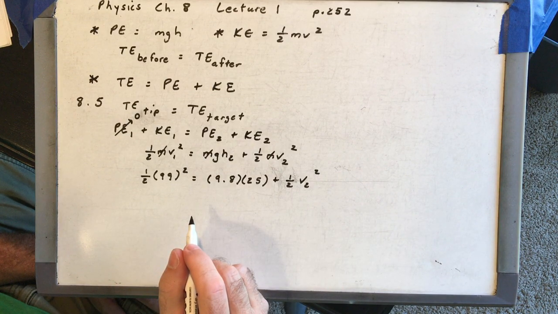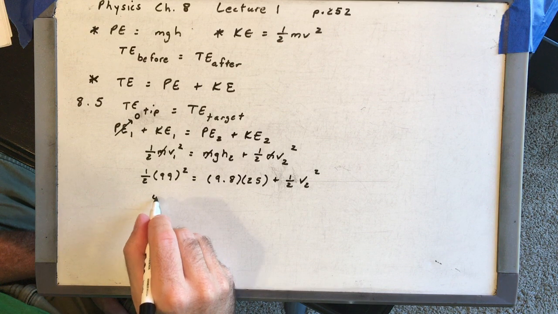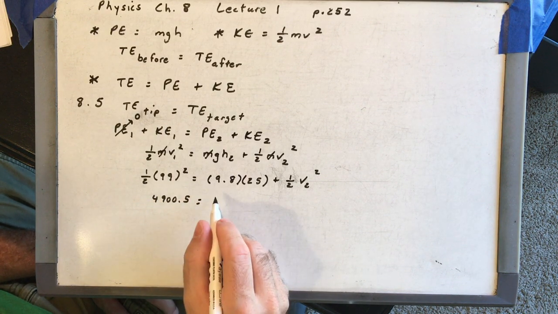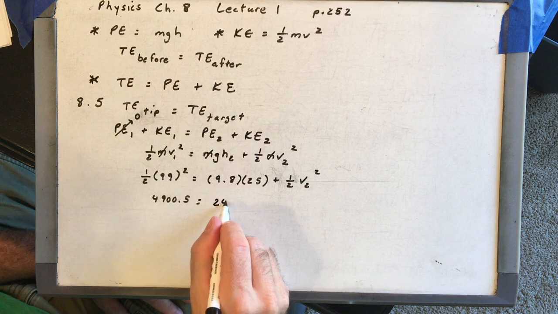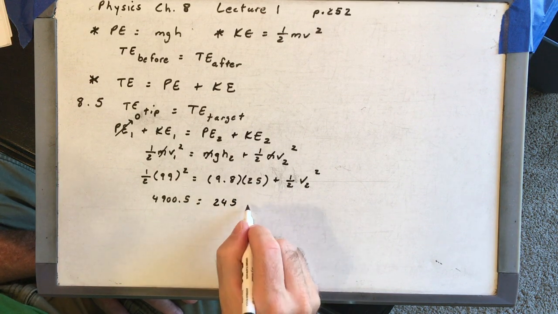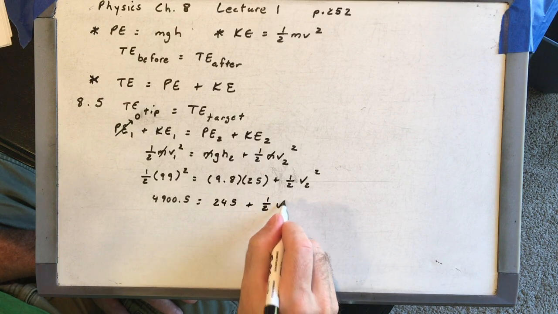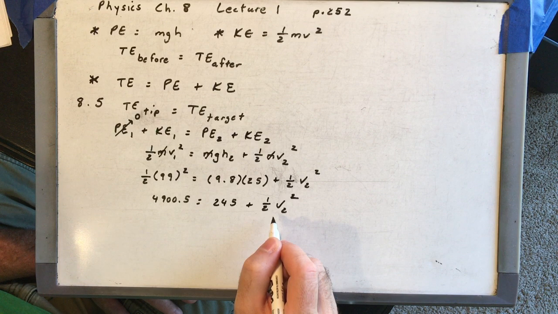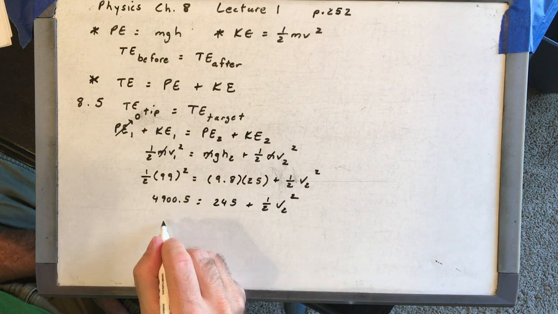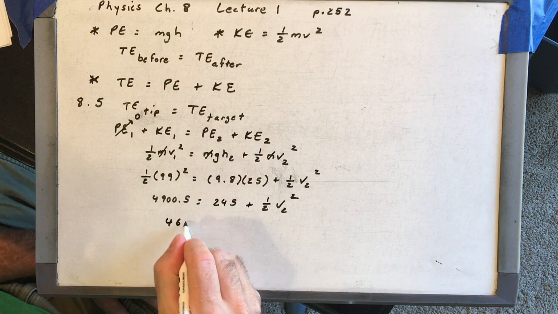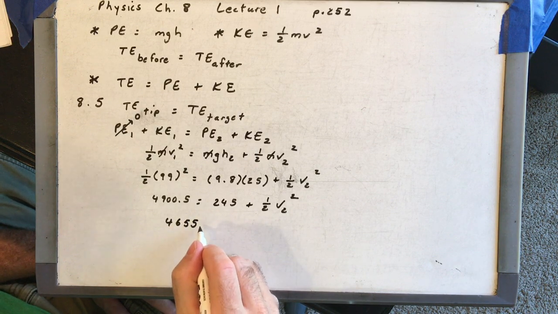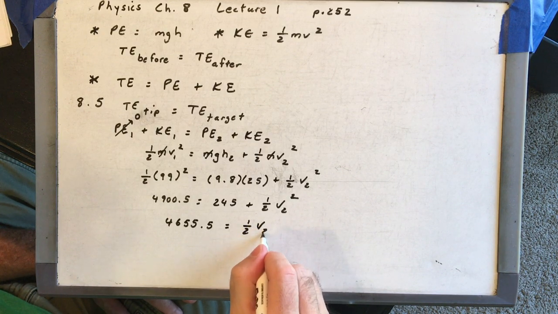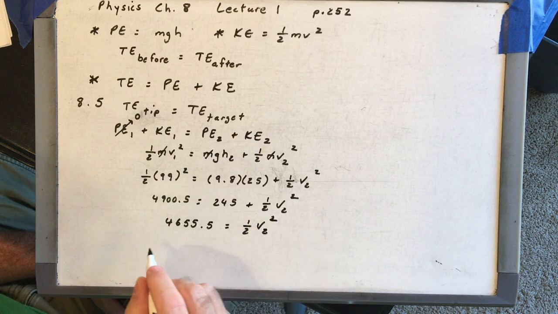Okay, so that's going to be 4,900.5, if you multiply that out, is equal to 245, that's 9.8 times 25, plus 1/2 v2, and don't forget to square it. Subtracting 245, you would have 4655.5 is equal to 1/2 v2 squared.